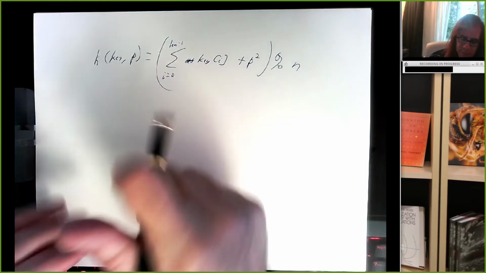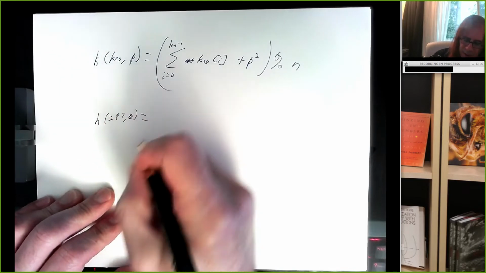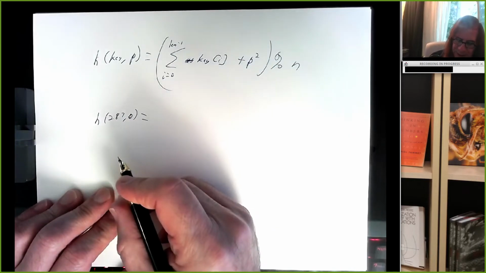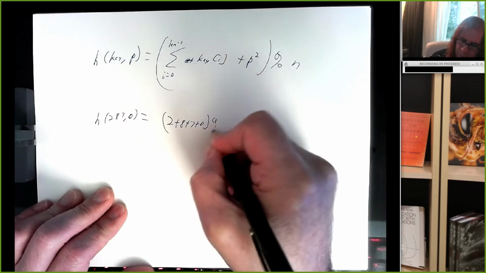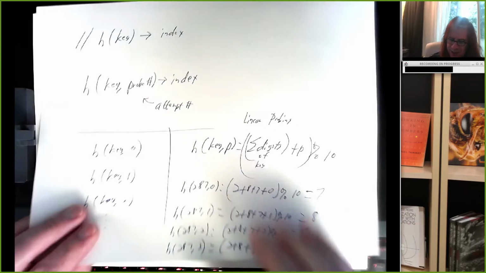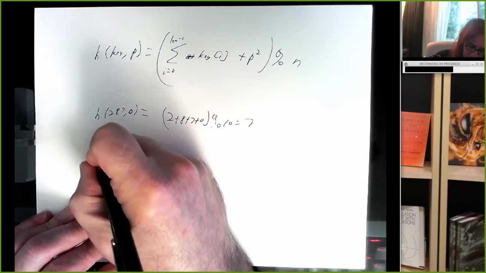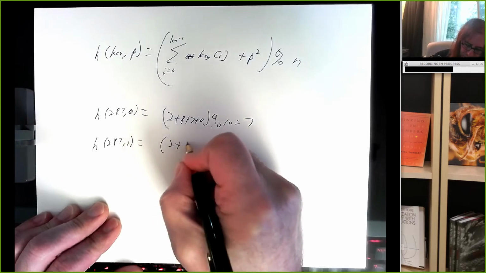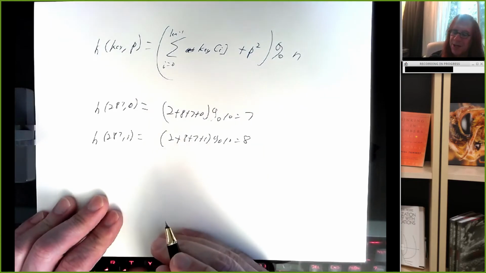And so in this case, if we wanted to hash 287, something associated with 287, on our first attempt where our probe value is equal to 0, this is again 2 plus 8 plus 7 plus 0, 17 mod 10, that gives us a 7. If that gives us a collision, we'll rehash, and we'll add 1, that'll give us an 8.